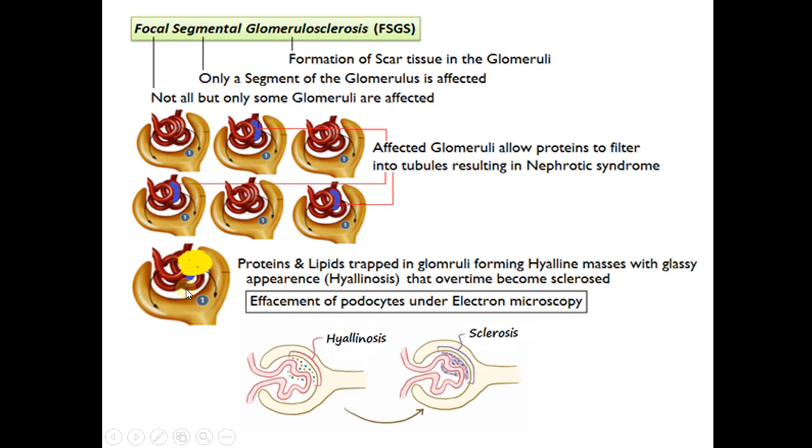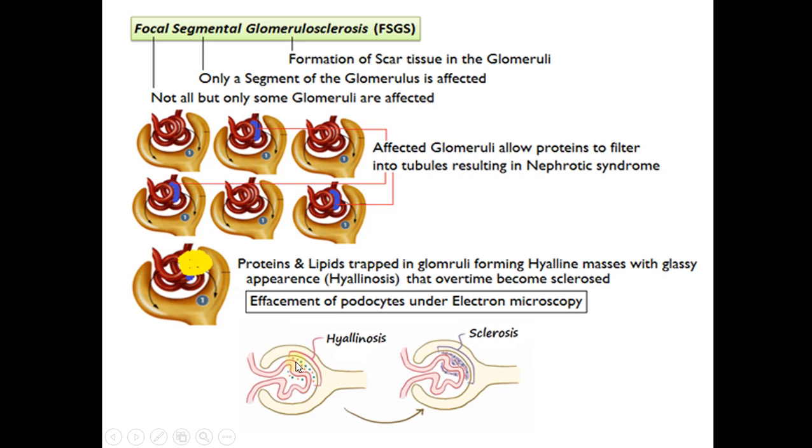And they will form an acellular hyaline mass known as hyalinosis, and this mass later on may undergo sclerosis known as glomerulosclerosis, and this will lead to the loss of the nephron function.